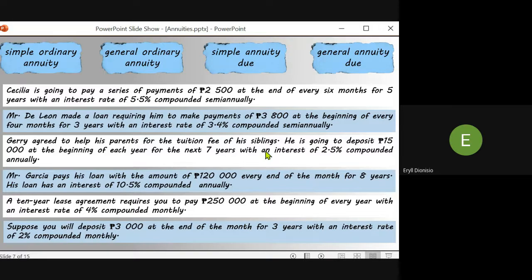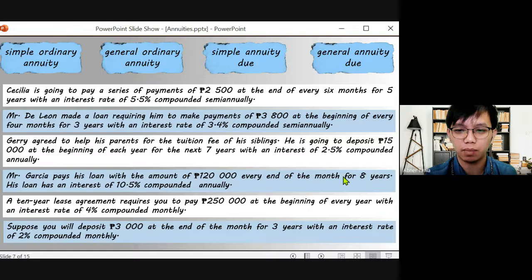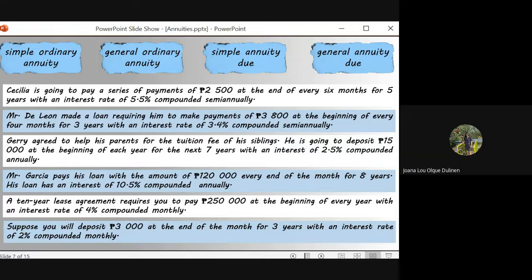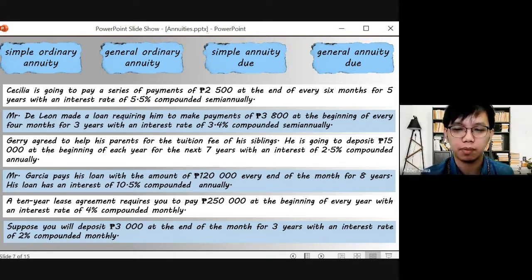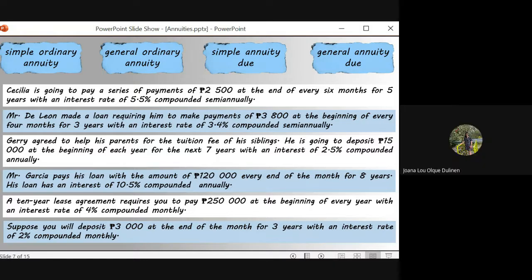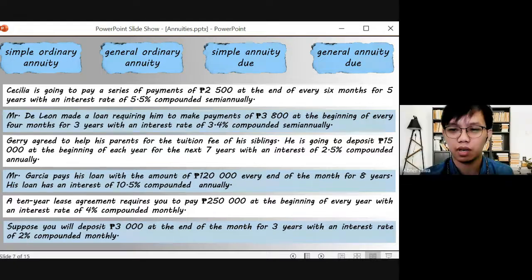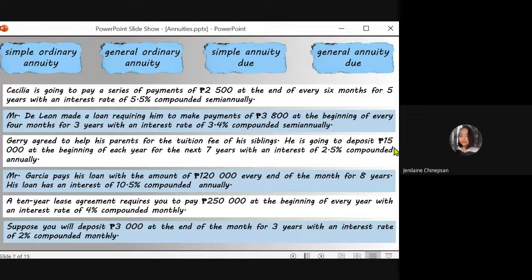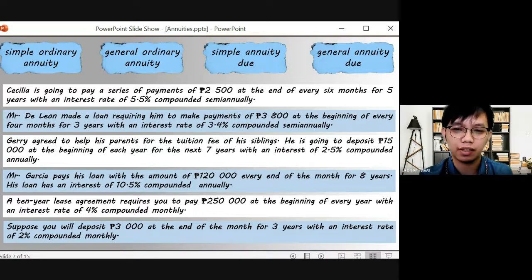Okay, how about Miss Dulinan? Same, sir. Simple annuity due. Okay. How about Jeneline? What's your answer? Sir, simple annuity lang. Okay, again, may I ask Miss Jamila, what's your answer again?